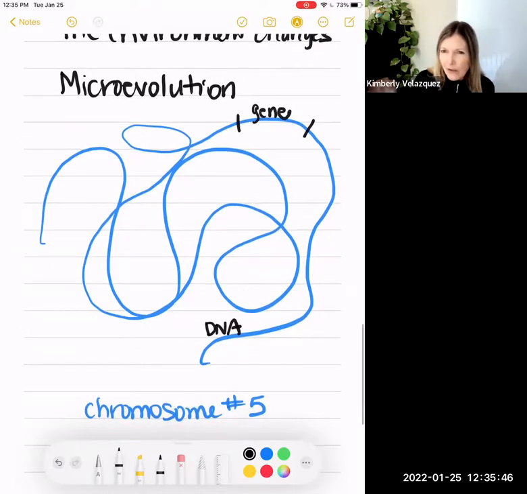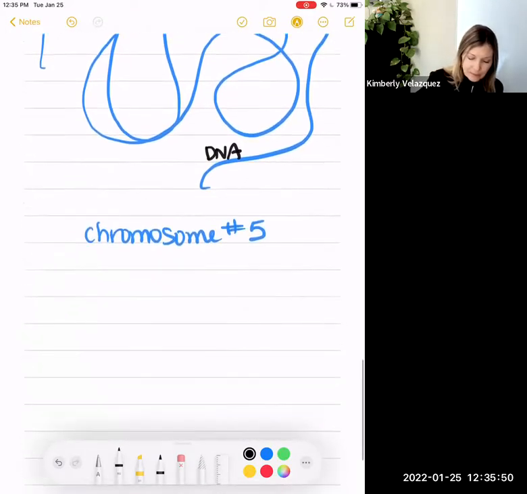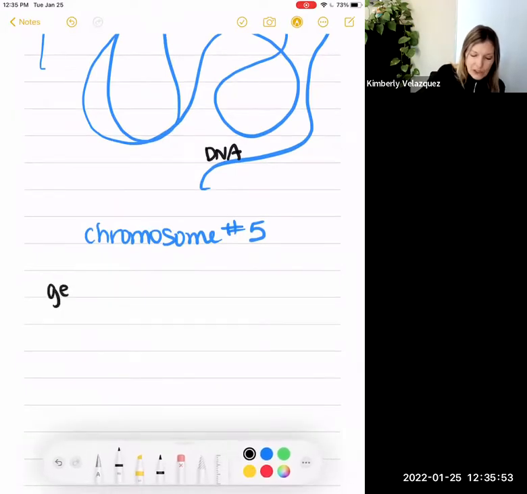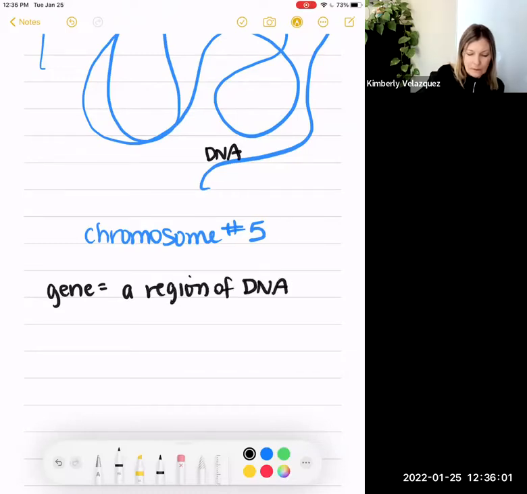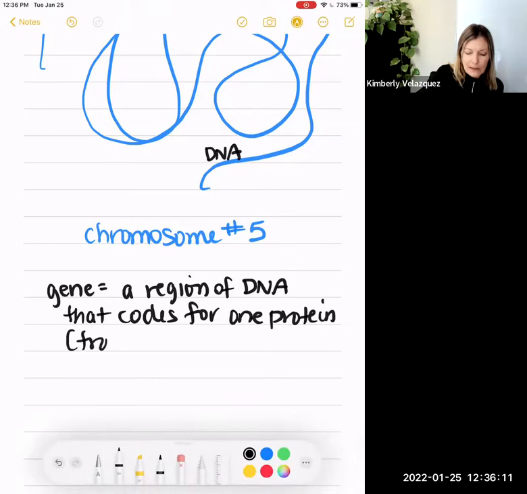You have about 25,000 genes, give or take, on your DNA. So a gene is a region of DNA that codes for one protein. And in this case today, in this story, we'll call that a trait.